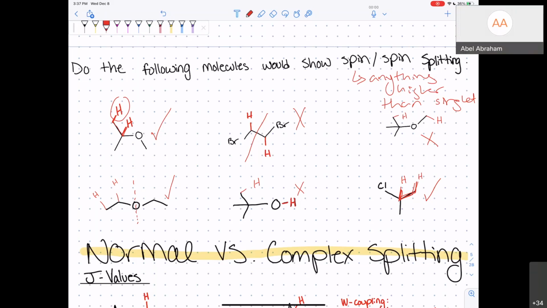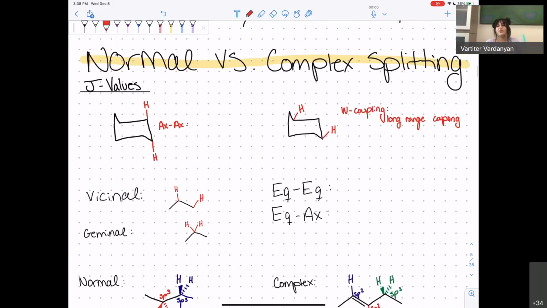Okay, cool. So I'm going to assume we don't have any more questions. And I am purely just going to give you the J values because it's just a lot of memorization. Geminal and vicinal are the easy ones to remember.